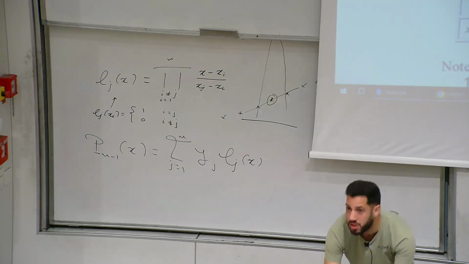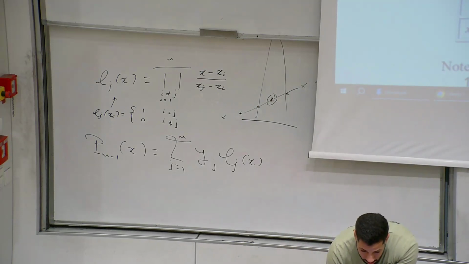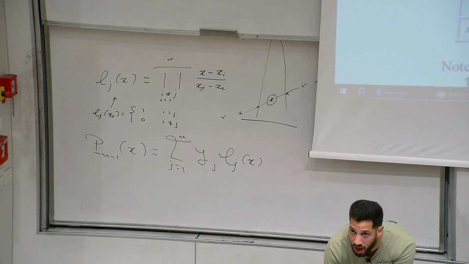Now I'm using the Neville algorithm, and if I want to estimate the function at this point, that's what I get if I use only the data from x1, and that's what I would get if I use only the data from x2. But if I combine these two data, I get this.